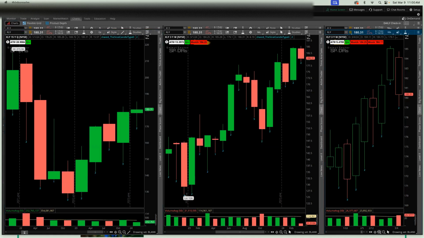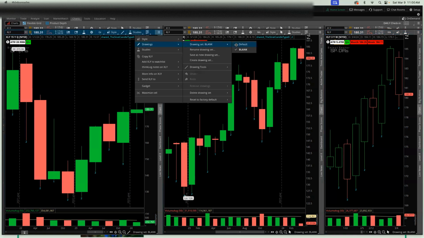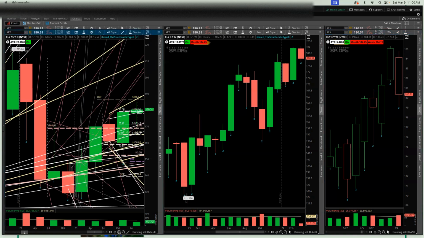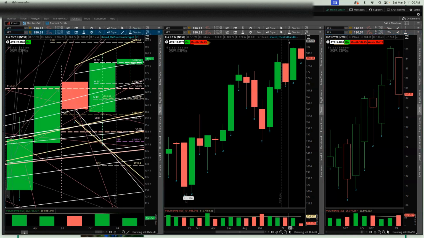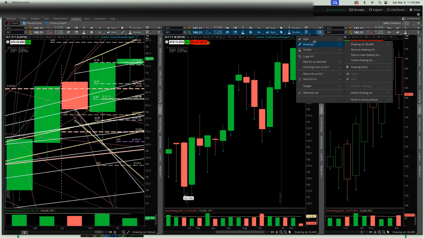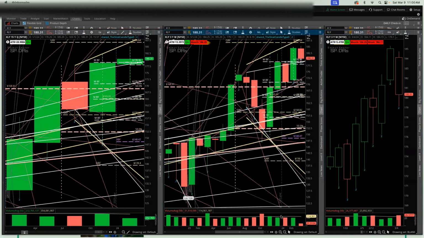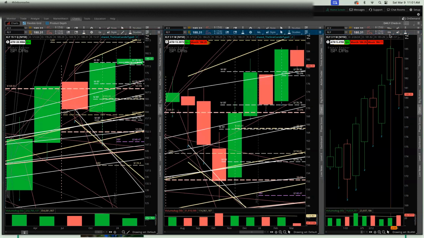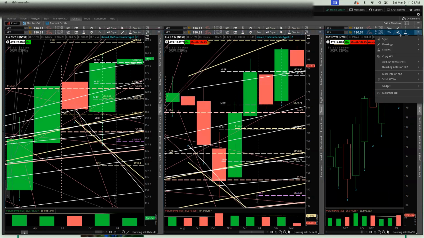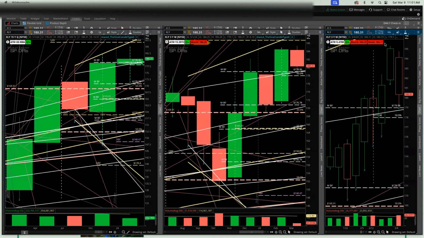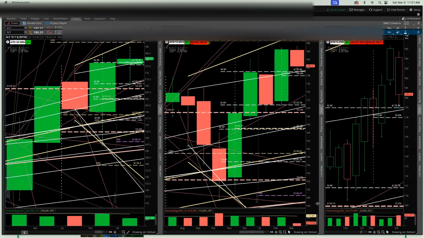So one of the things, support and resistance is a huge part of the strat. So I'm going to add my support and resistance lines back to the chart. You'll see here all the lines you now see. Those are based upon engulfing candlesticks that I draw on the various time frames. So I'm just adding those back to the chart so you can see. Okay. And this is key.